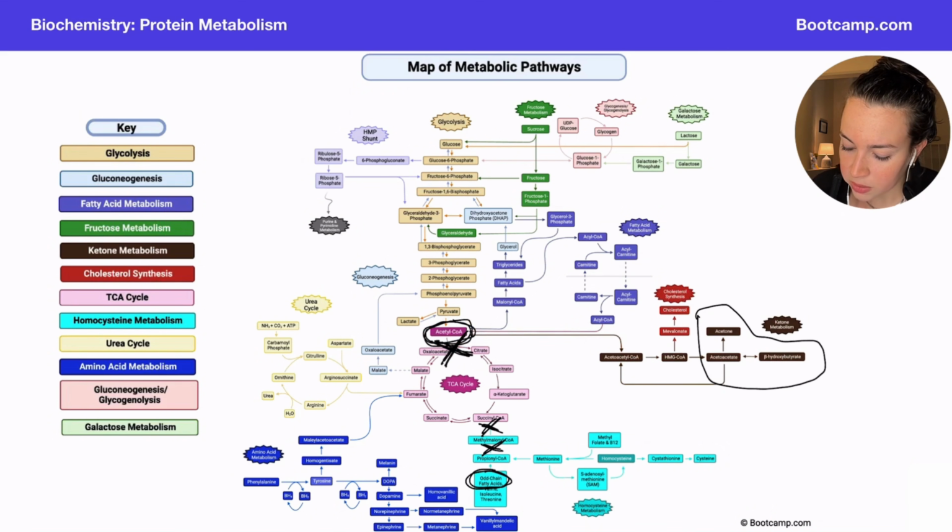So we have a buildup of keto acids and a buildup of organic acids in organic acidemia. Both the organic acids and the keto acids are considered unaccounted for acids when you're calculating the anion gap. They're going to contribute to the anion gap and leave you with a high anion gap metabolic acidosis.